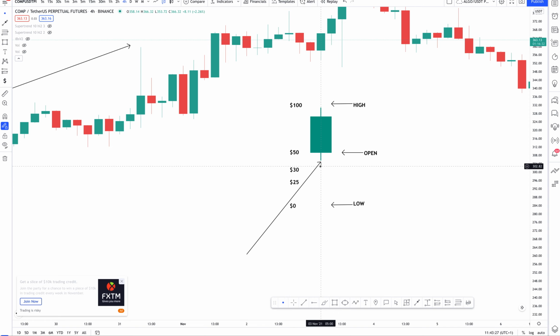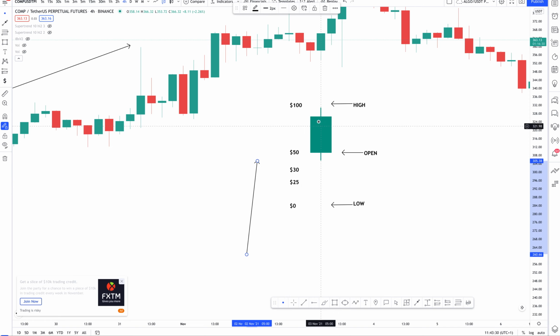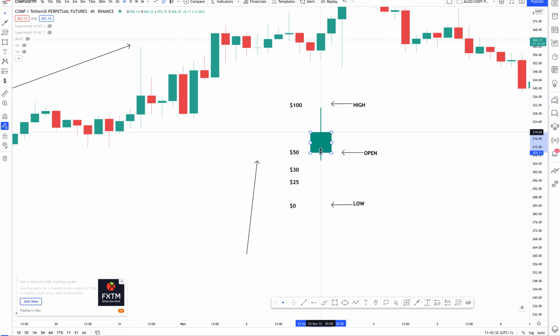And then let's say in the course of time, this happened. Price got back to $50 and then came back to the lowest point it got to, $40 or $45 or whatever, and then came down to $25.